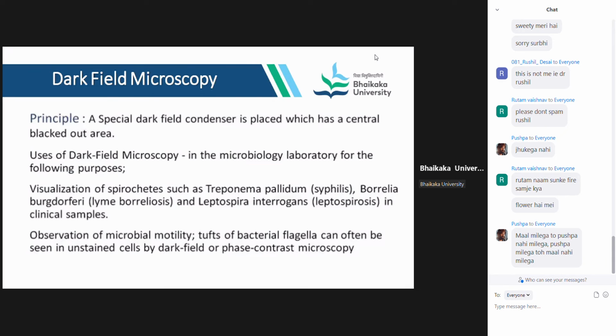It is also used for observation of microbial motility, like the tuft of bacterial flagella that can often be seen in unstained cells by dark field or phase contrast microscopy.